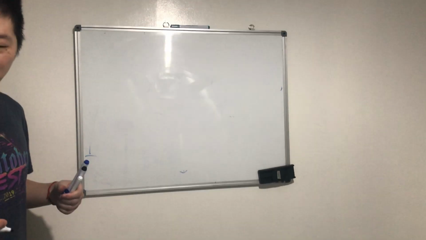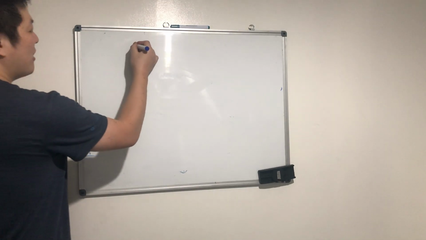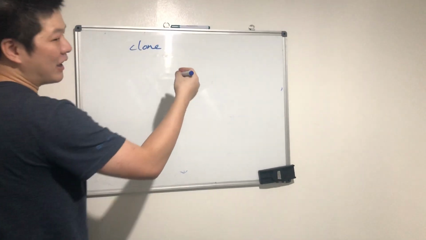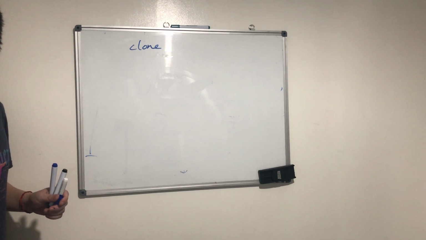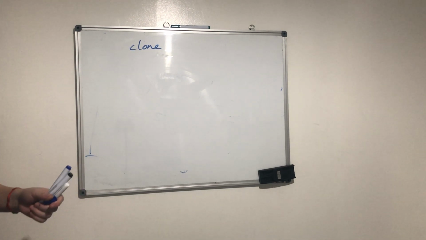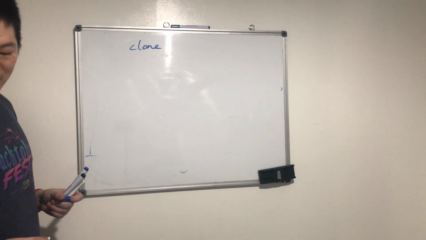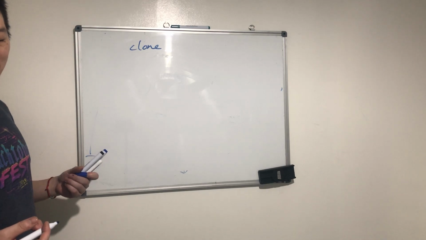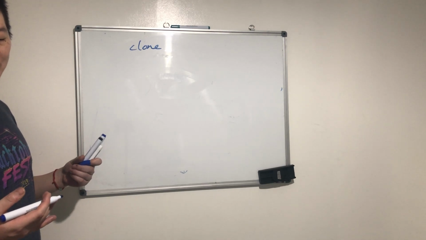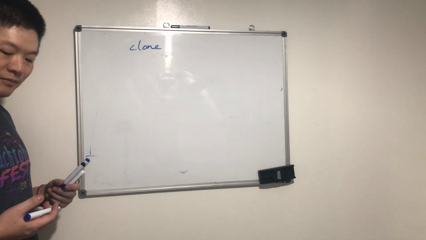So what do we learn today? Can you review a little bit? What kind of function do we learn today? Clone. We know the deep clone and shallow clone. Can you tell me what's deep clone? What's shallow clone? Deep copy, shallow copy. What's the difference between deep copy and shallow copy?